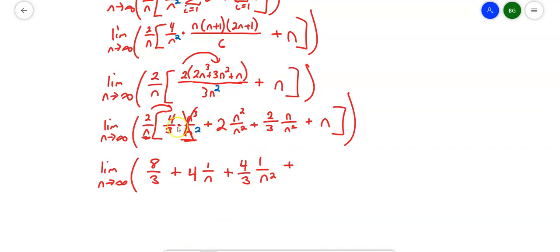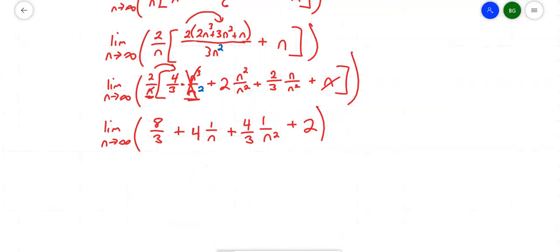Okay, so I've got that term, that term, that term. I just need my last term. It looks like I'm just going to end up with 2 because the n over n will cancel. And that looks like what it turns out to be. Now, when I take the limit as n goes to infinity, anything with an n in the denominator is simply going to go to 0.